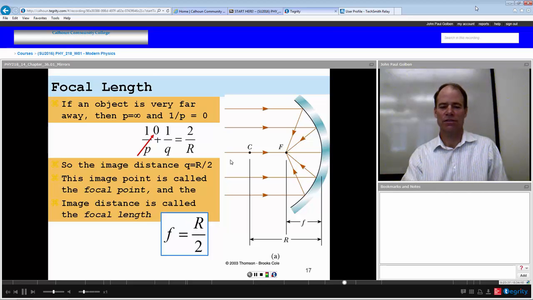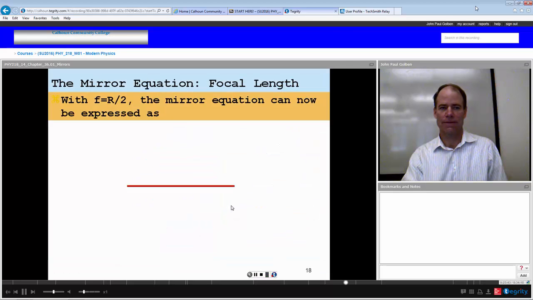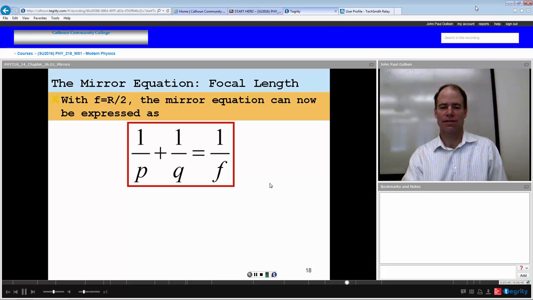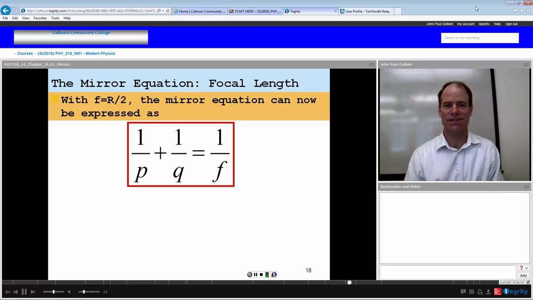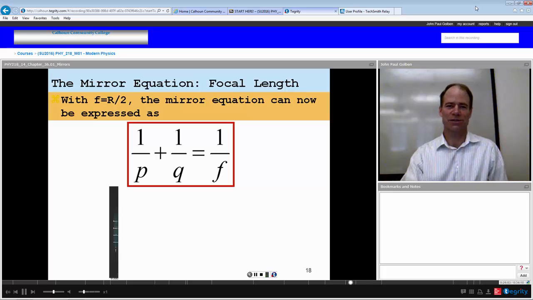And if we substitute this in to our mirror equation, then we have this nice equation. 1 over the object distance p plus 1 over the image distance q is equal to 1 over the focal length for the mirror, where the focal length is equal to the radius of curvature divided by 2.